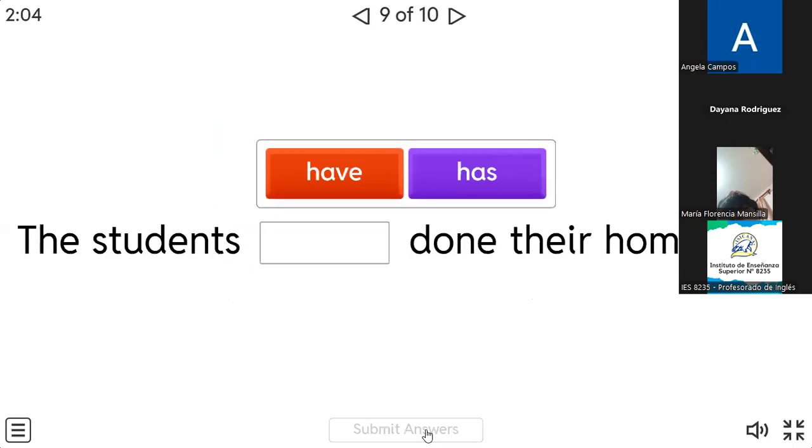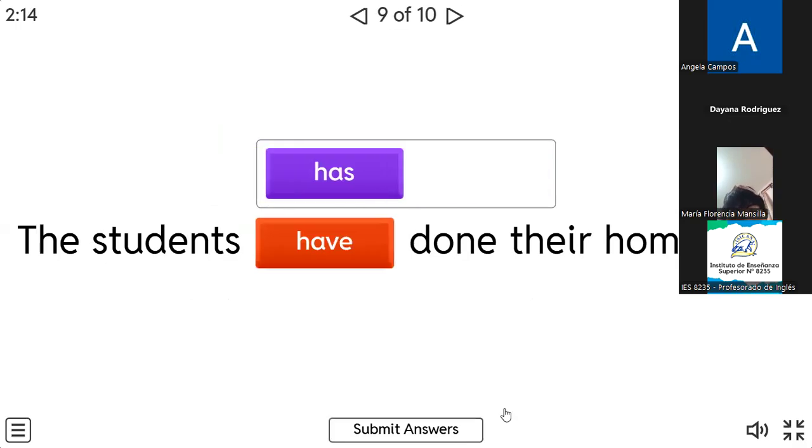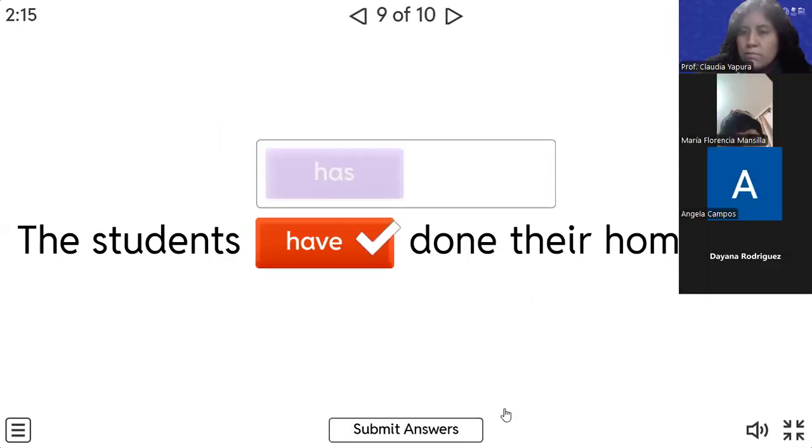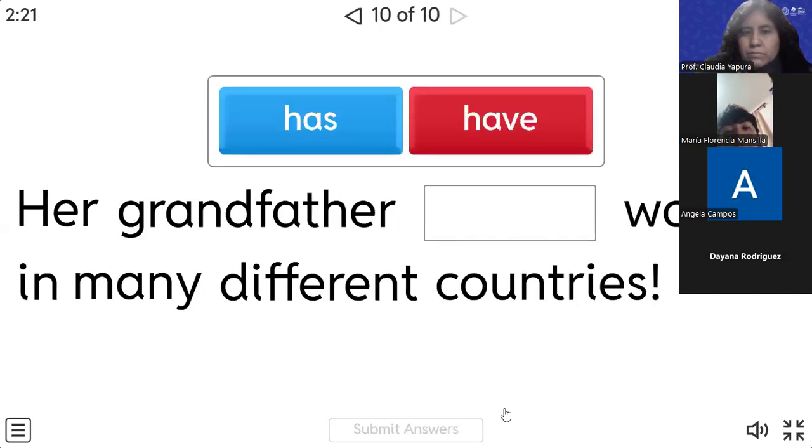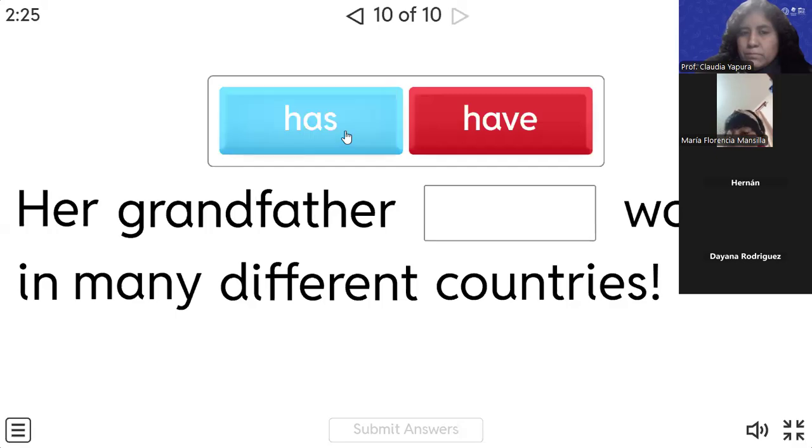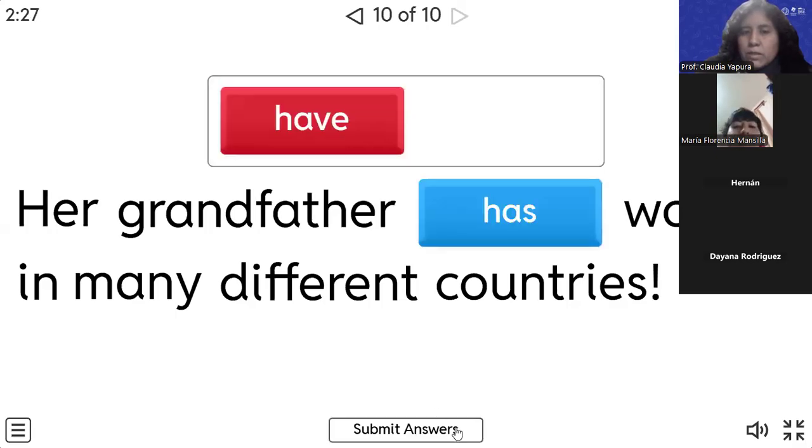Florencia. The students have done their homework. Very good. And the last one, Hernán. Her grandfather has worked in many different countries. Excellent.